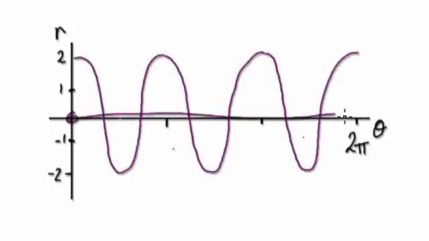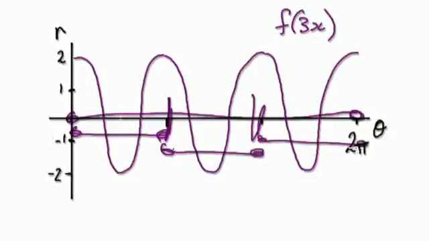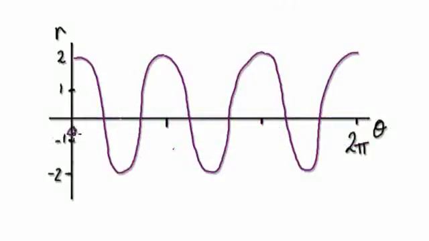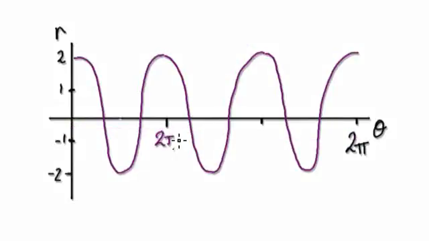From here to here, it's 2 pi. But because of this transformation, we split it into 3 equal parts. So from here to here would be this whole length, which is 2 pi, cut into 3 equal parts. This bit here is 2 pi over 3.